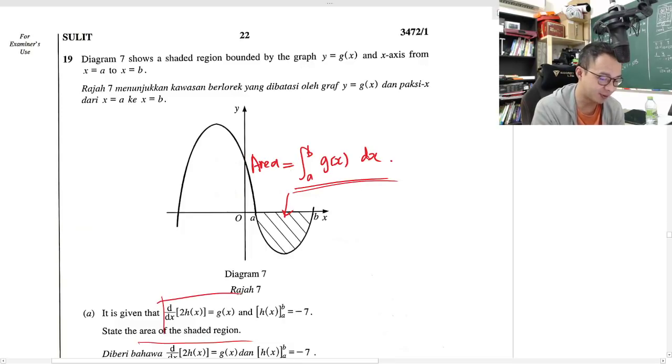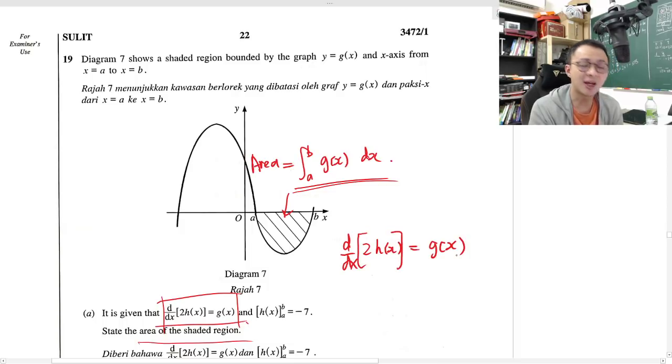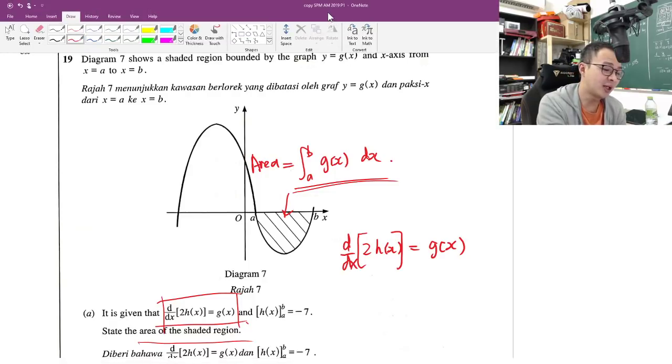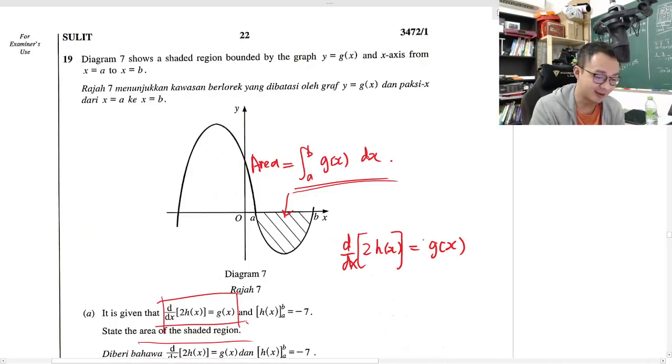So I have this equation: dy/dx equals h(x) equals g(x). Because I want to find the area, I'm going to add the integration sign myself, from a to b. After I add the sign here, this is the area I want to find.